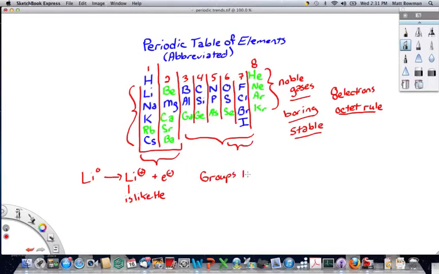Groups 1 and 2 give up electrons completely. They have a tendency to form ions, or charged compounds, positively charged in this case because they're giving up electrons. And they form ionic compounds.